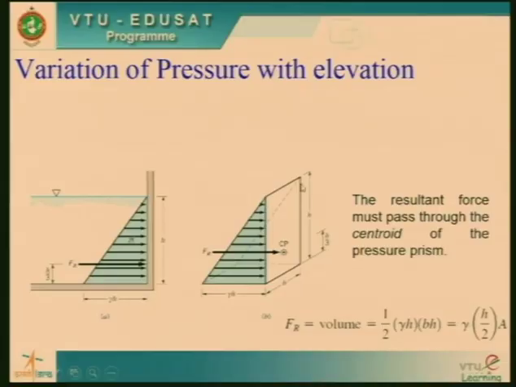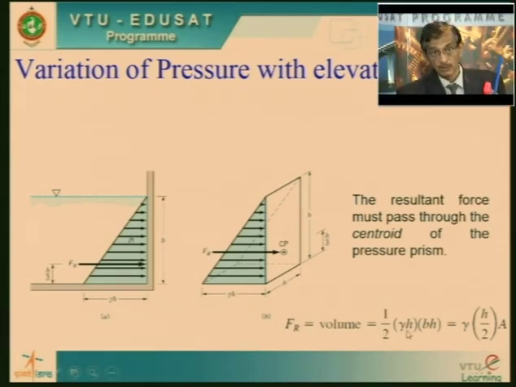But just for your information, we are going to work out the center of pressure. Can you see here Cp? The resultant force will be the area of this triangle into this length. What is the triangle area? It is half base into height into length, which is basically a volume. So half into gamma h, which is here, into b.